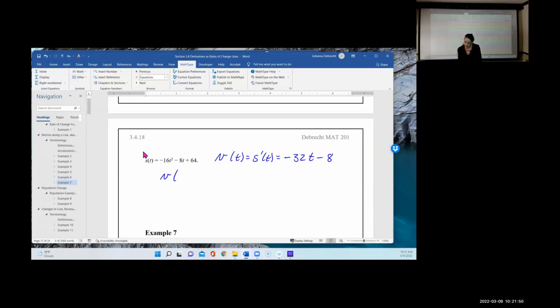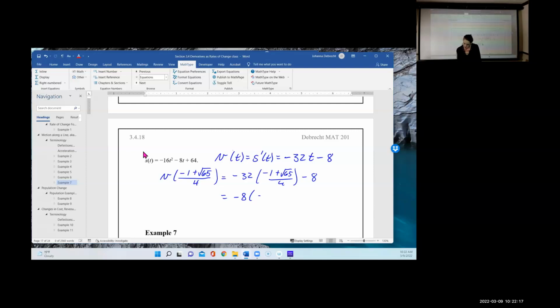The velocity when it hits the ground is going to be what we get when we plug in this negative 1 plus the square root of 65 over 4. So we have negative 32 times negative 1 plus the square root of 65 over 4 minus 8. And believe it or not, this does simplify quite nicely. The negative 32 over 4 simplifies to negative 8.